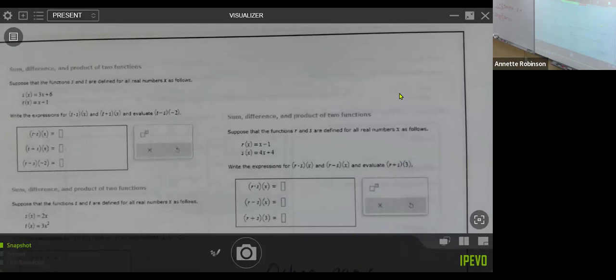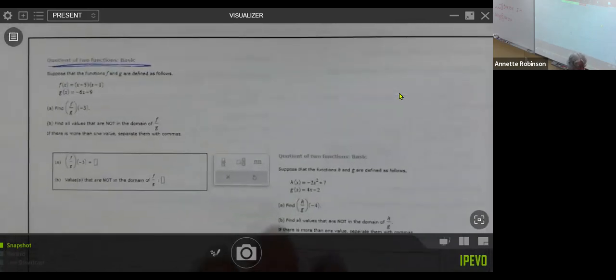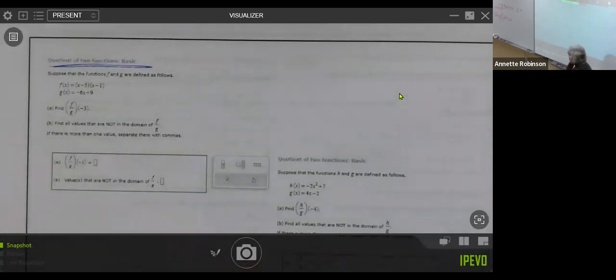Okay. So the next slide, and I said we were going to pick up here anyway, is about the quotient of two functions. Starting out basic, which means they probably understand if you can't simplify this stuff.